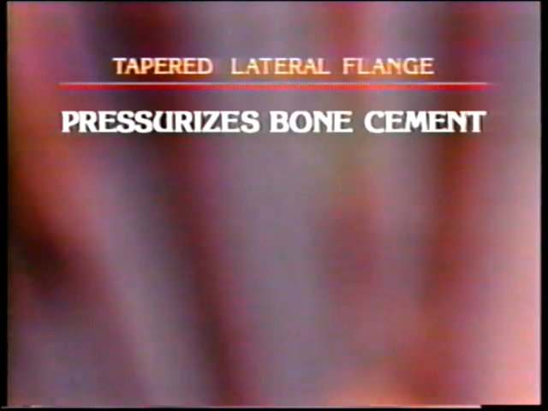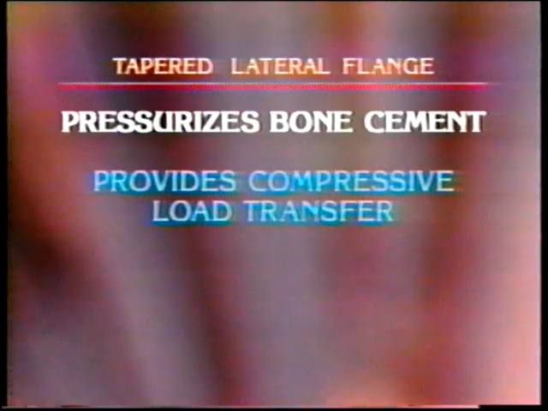The tapered lateral flange, as shown by Charnley in his original design, pressurizes the bone cement and provides compressive load transfer. This is important in the technical implantation of the prosthesis to get this cement to actually compress, and also compression is quite friendly to cement in that the cement is quite strong in compression and not quite as strong in tension.